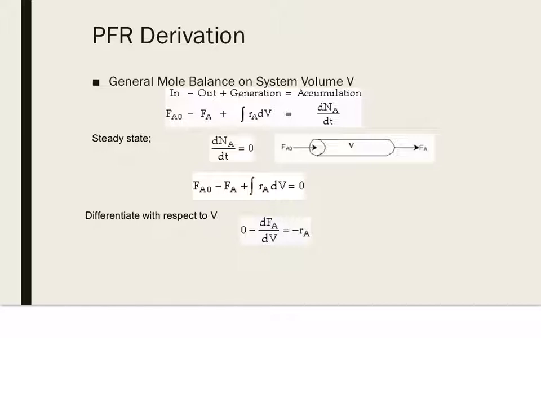Differentiating FA will give dFA over dV, and differentiating the integral term will cancel it out, so we have RA. So finally we have minus dFA over dV equals minus RA. We rearrange it and cancel the minus signs from both sides. We have dFA over dV equals RA.